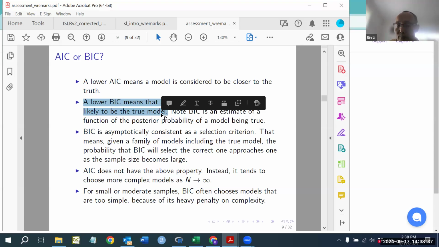Asymptotic property means that when we increase the sample size larger and larger, converging to infinite sample size, then the BIC will have a 100% chance to select the one that has the highest probability, and the AIC will converge to the one that is closest to the truth. So that is called asymptotic property, not for a particular data set size. So you have to be careful.